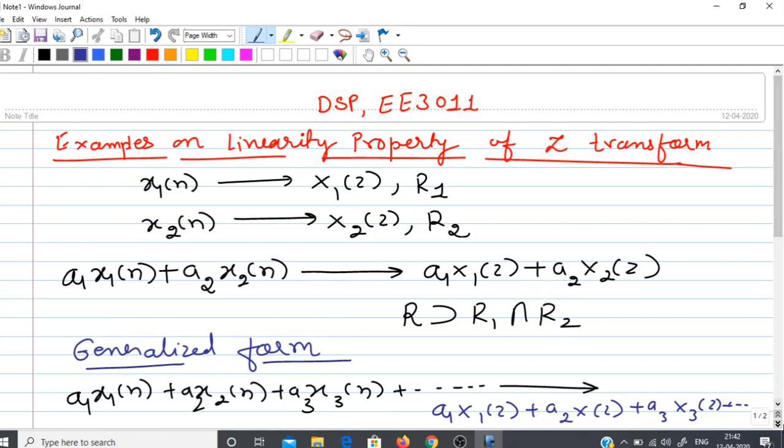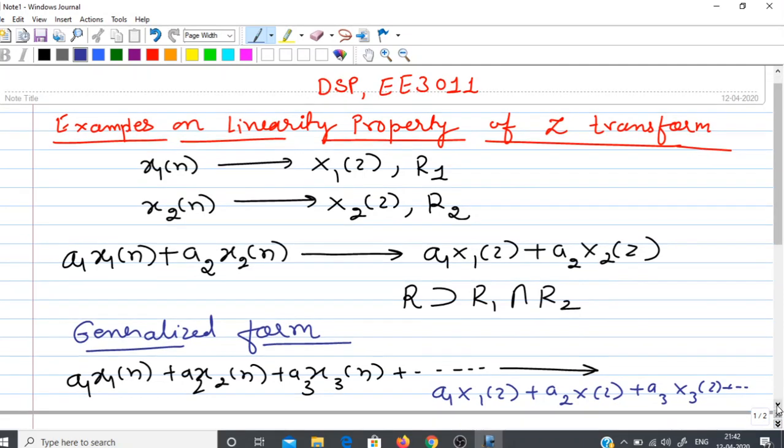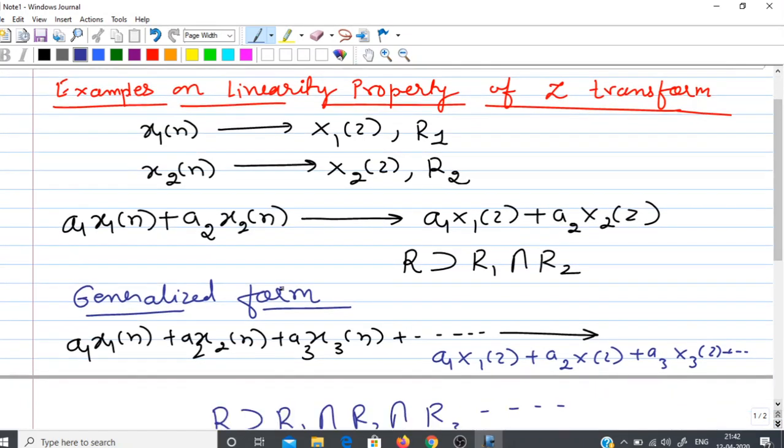So now can we make this linearity property more general, in the sense that instead of taking only two sequences, can we have n number of sequences, let's say x1, x2, x3 and so on, and take the linear combination of these n sequences, that is, a1 x1(n) plus a2 x2(n) plus a3 x3(n) and so on.